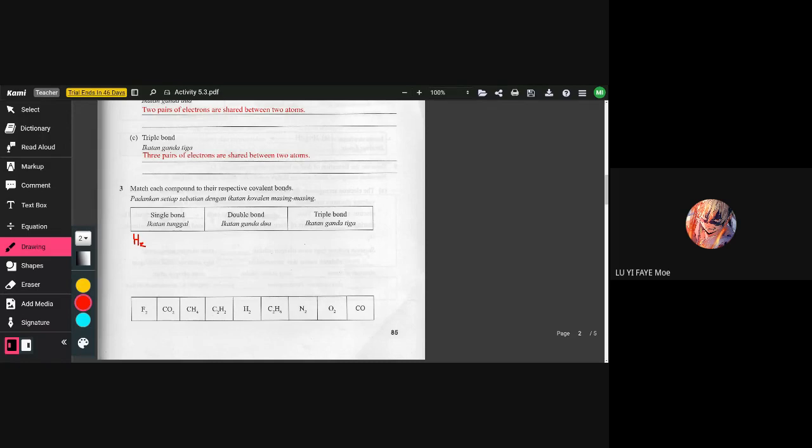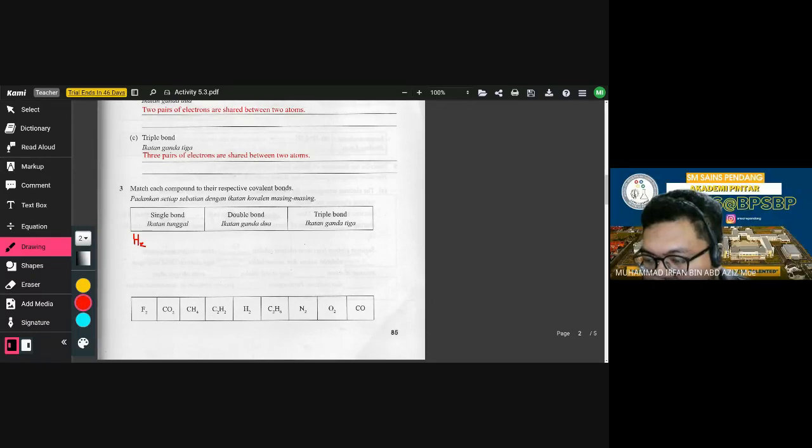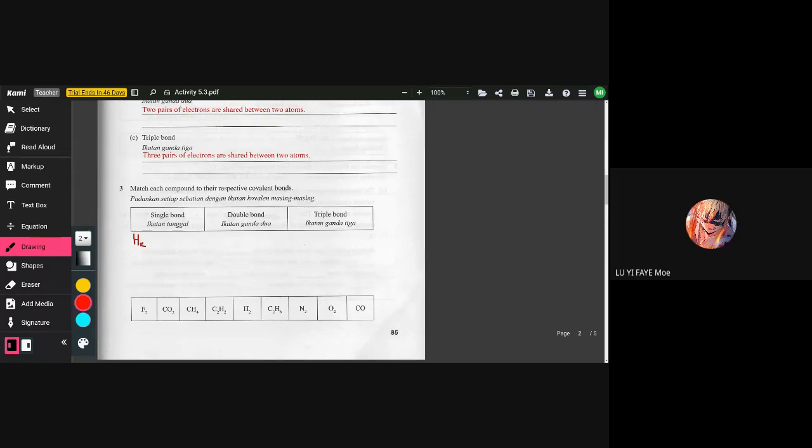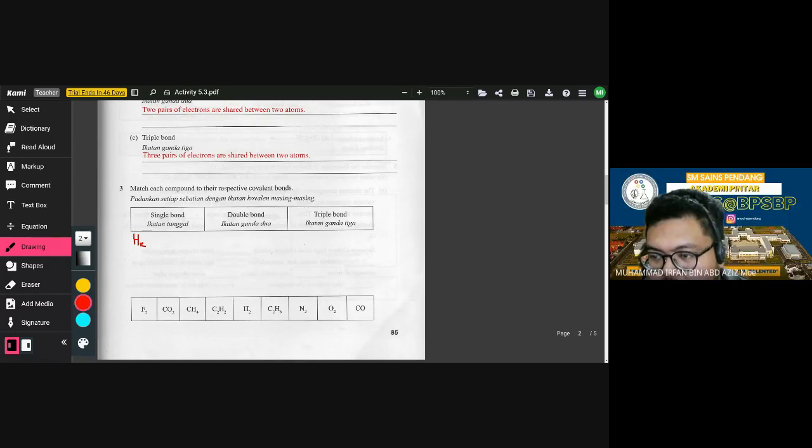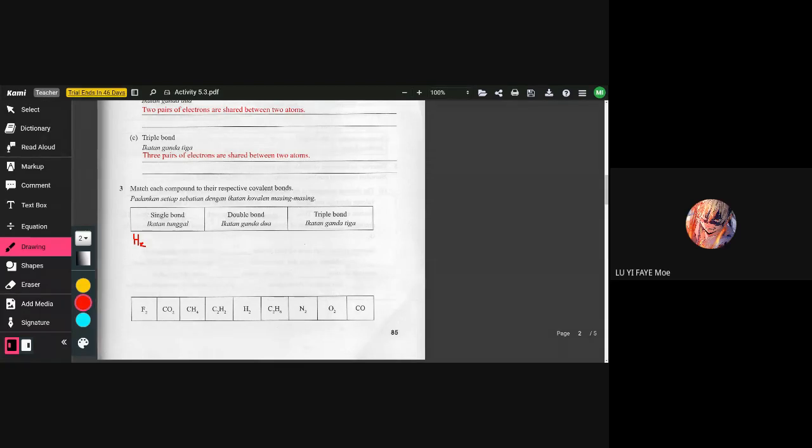Which group is it again? I forgot which group it is in. Which group is F?